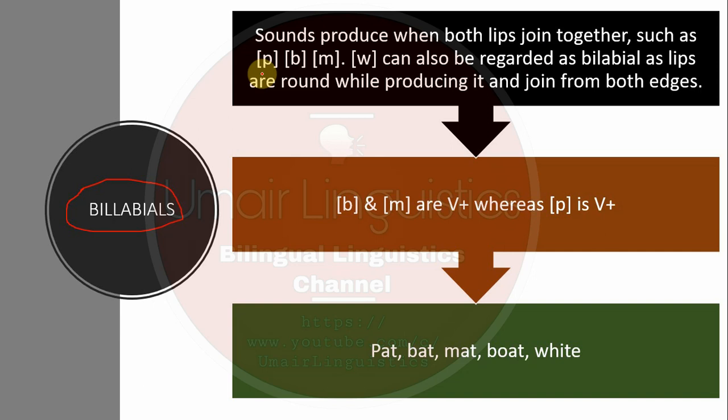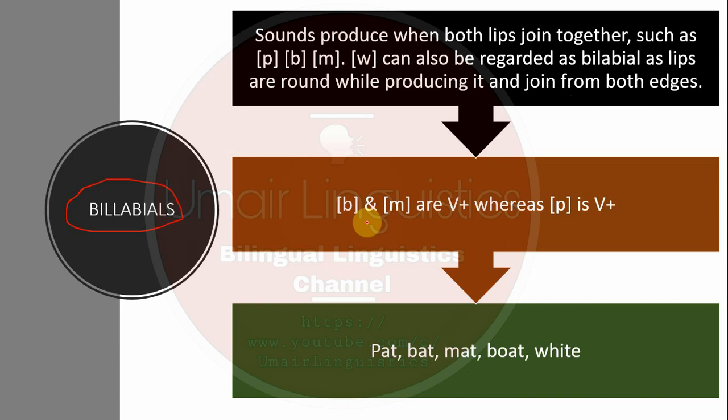If you produce p, b, m, your lips will come together. Even w is not completely bilabial, but when we produce w, the sides of the lips meet together. Therefore it is also known as a bilabial sound, because the edges of the lips join each other.